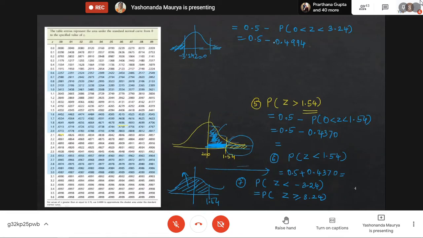Is this clear now? So what we are doing over here is trying to become comfortable with the table that is given. I'll give some more sums here, just wait.